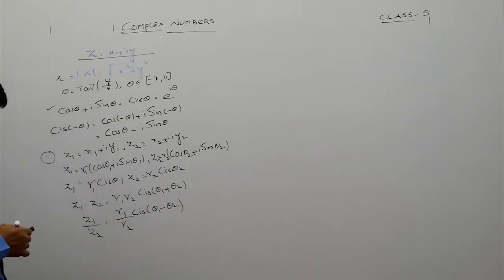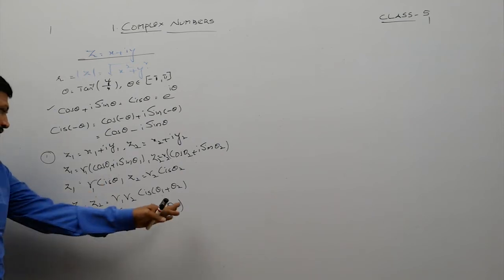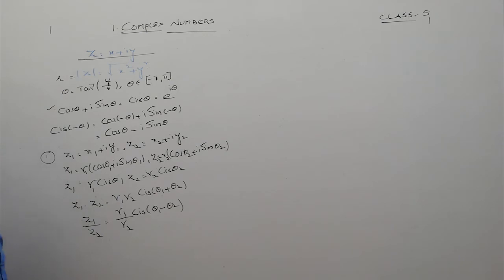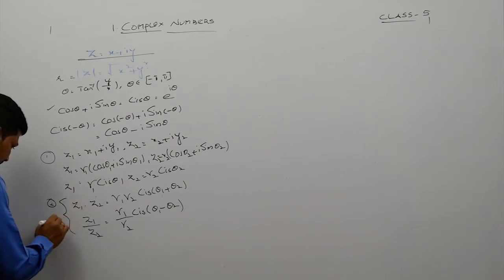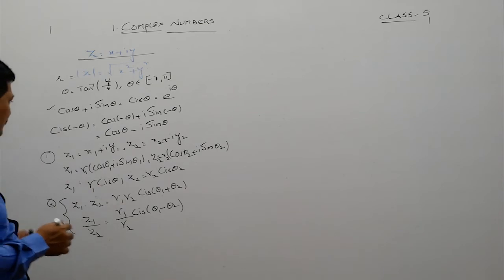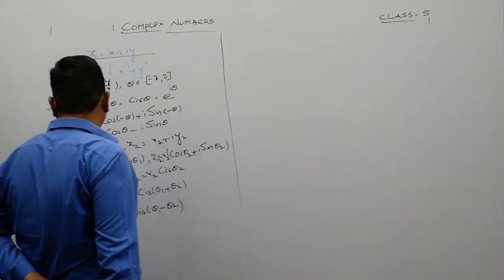Again here the quotient, the division, is distributed to the difference, and we can write this one as cis theta 1 minus theta 2, and these are the two important points you must remember here, 2 as well as 3. And here comes another one.